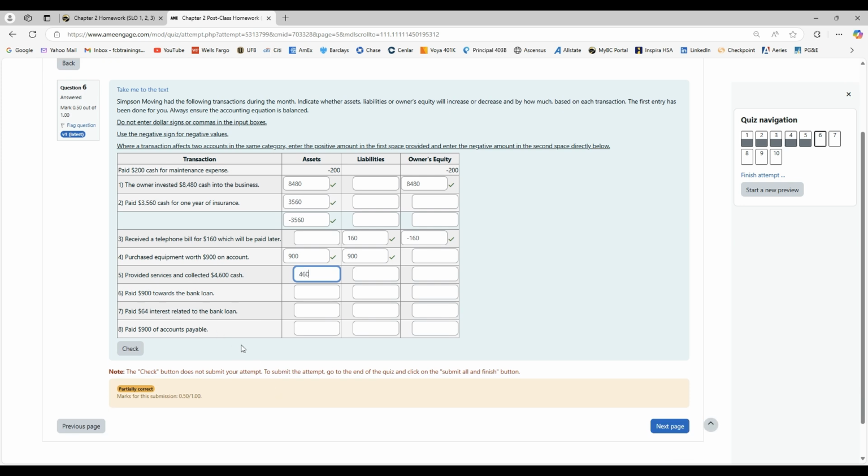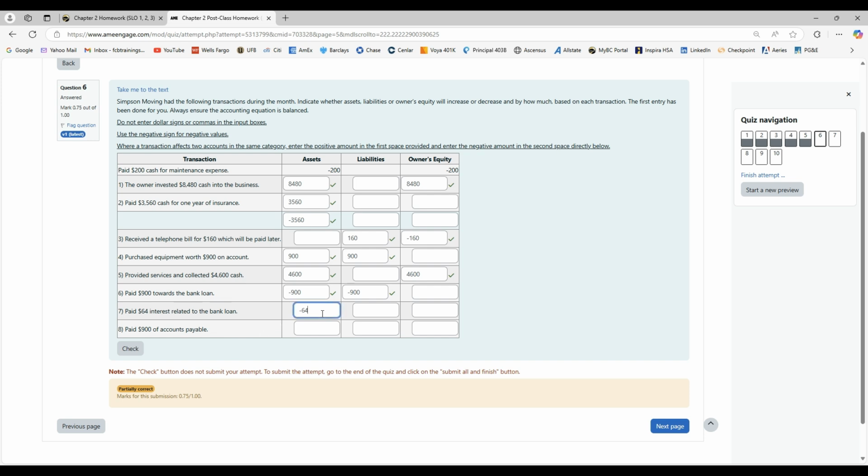Provided services and collected $4,600 in cash. So we have a $4,600 increase in AR. In cash, not AR. We're just getting paid in this one. And then the revenue that we record will increase owner's equity. Paid $900 towards the bank loan, so $900 of cash, and decreased $900 of the related liability.